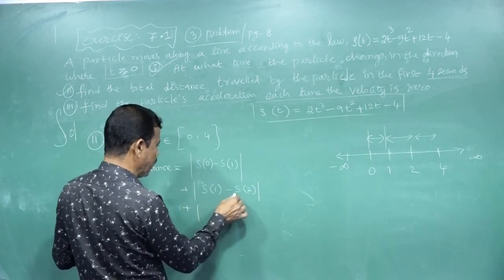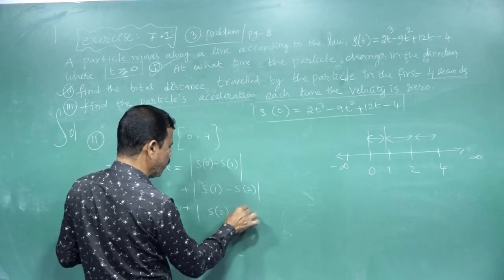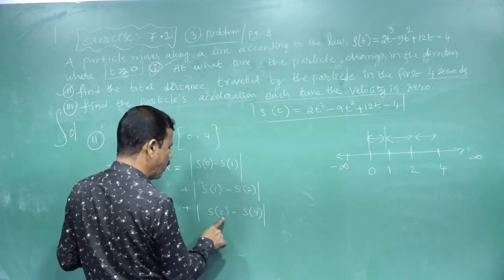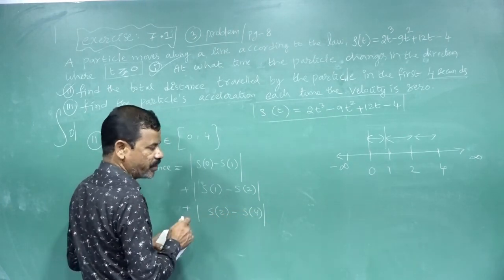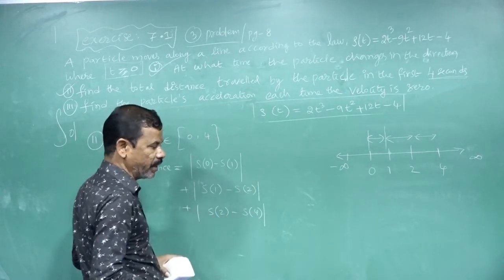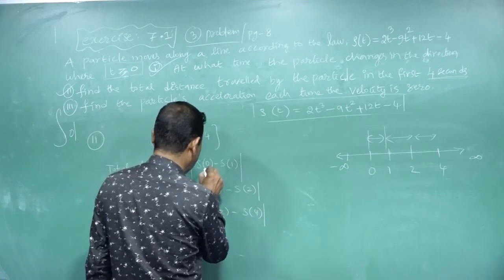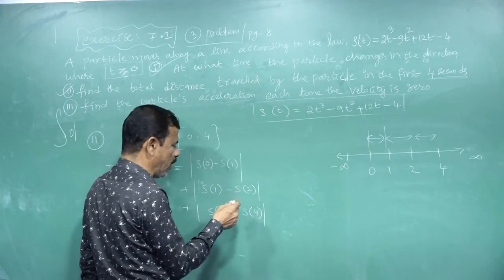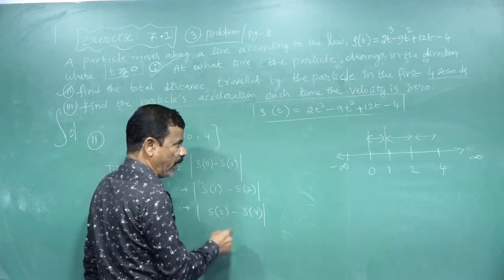After that S2 directly to S4. 2 to 4 has no direction change. Here 0 to 1, 1 to 2 changes. That's why we separate. After that we calculate the S0 value, S1 value, S2 value, S4 value.